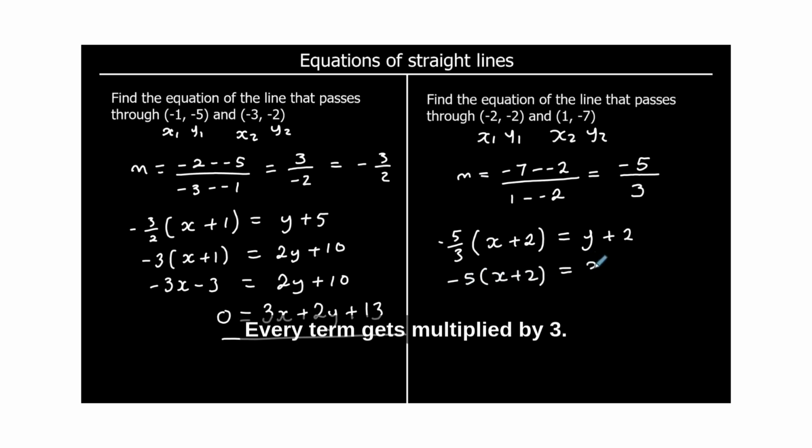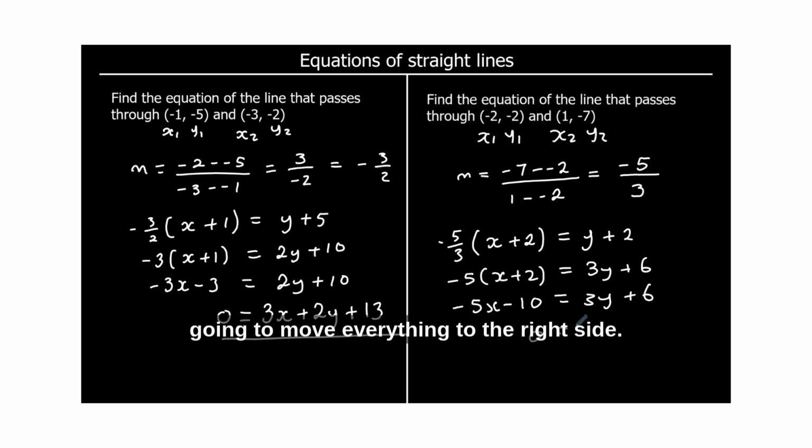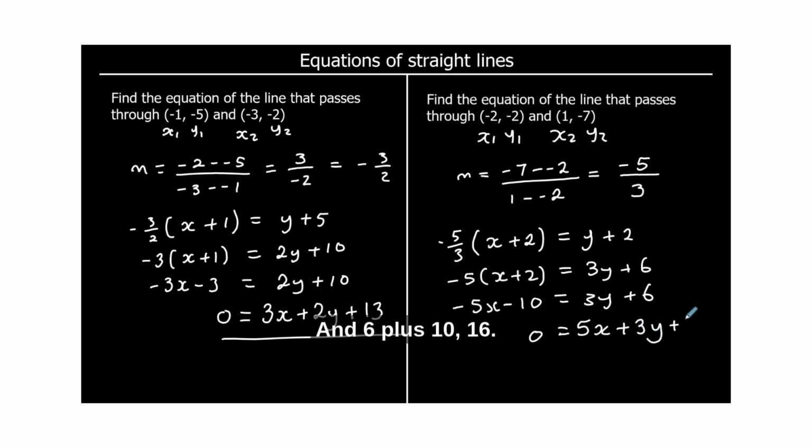Every term gets multiplied by 3. Expand the bracket. And make it equal to 0. So I'm going to move everything to the right side, so x will be positive. So I've got 5x, I've got 3y, and 6 plus 10, 16.